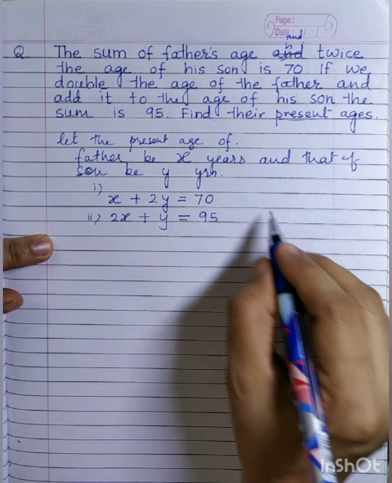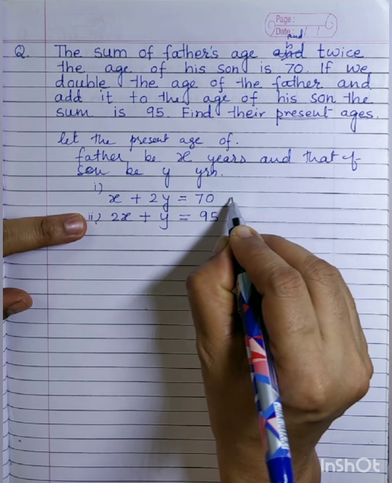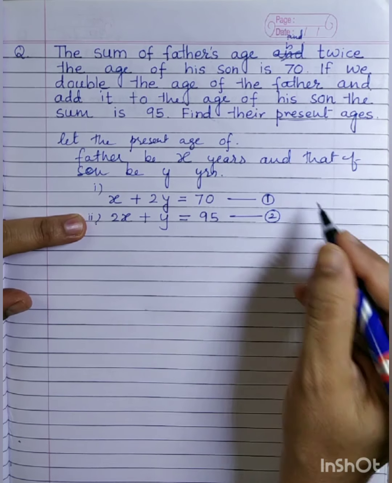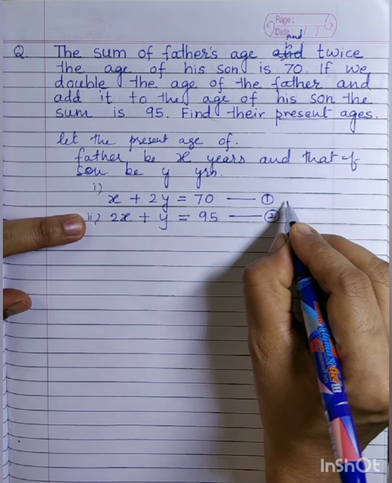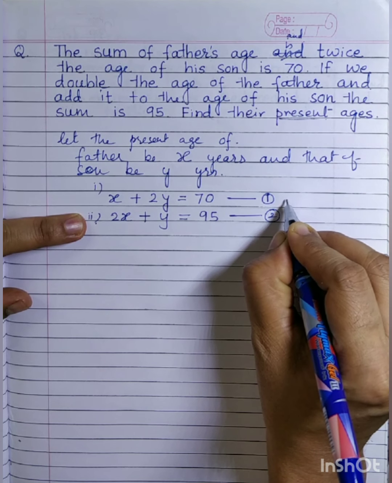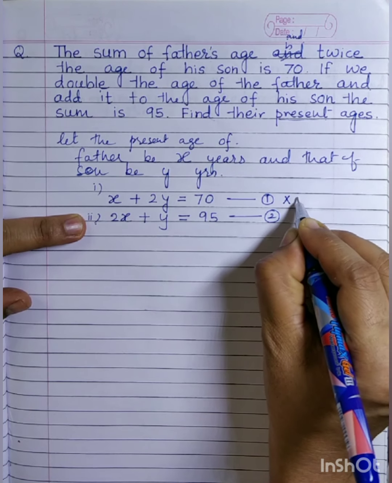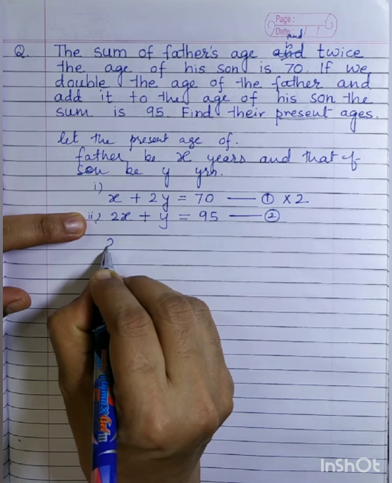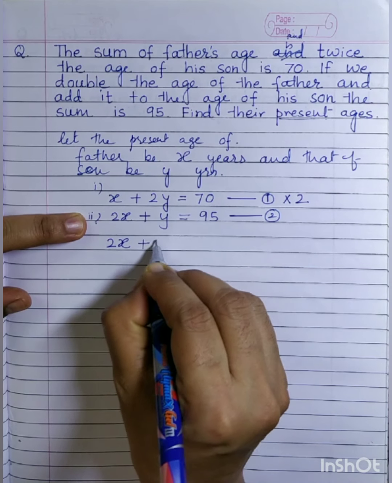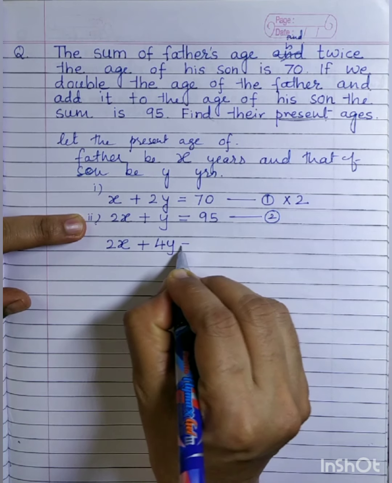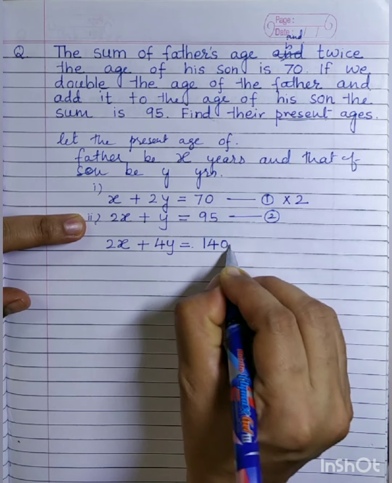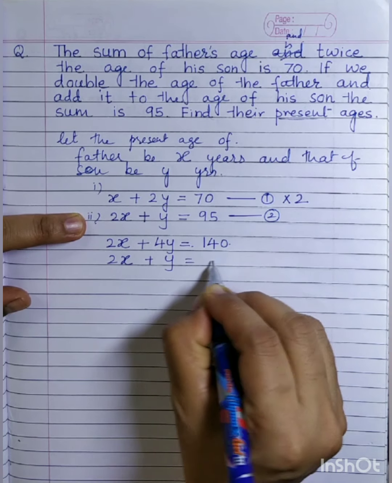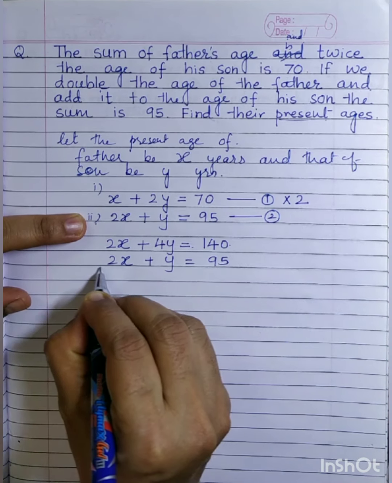I will complete this sum. So suppose I want to eliminate x. This is my equation 1, this is my equation 2. I'll go little fast because all the steps, all details already I have taught you in advance. So I will multiply this equation by 2, and from this equation I will subtract the second equation. So what equation I will get? 2x plus 4y is equal to 140, and I am going to subtract 2x plus y is equal to 95 from that.